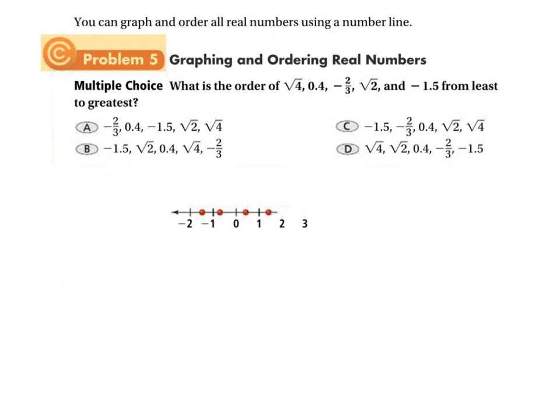So we have a point here for 0.4, a point here between 1 and 2 for root 2, and a point here exactly at 2, which is the same as root 4.